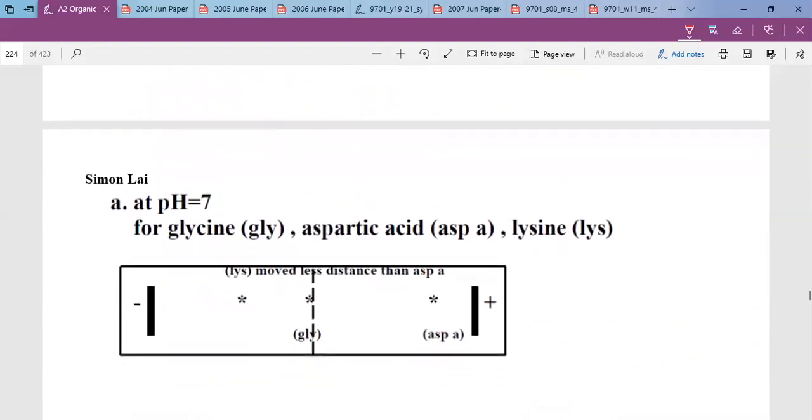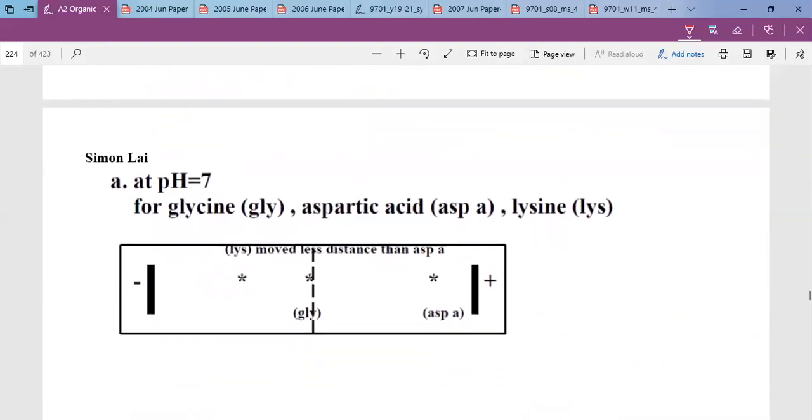After running the electrophoresis here, let's say I got 3 original amino acids: glycine, aspartic acid, and lysine. Now remember, it's pH 7.